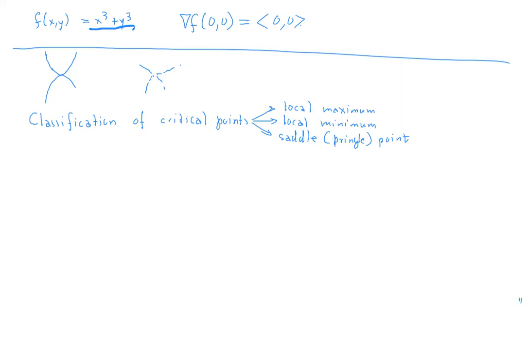we have a very nice theorem that tells us which is which. As usual, expected with those theorems, they work most often, but they don't work always. And you will see what I mean in a second. So here comes our classification theorem.